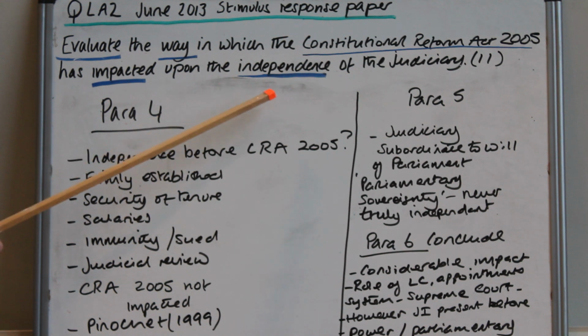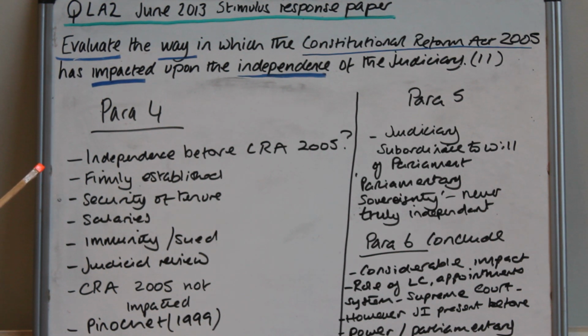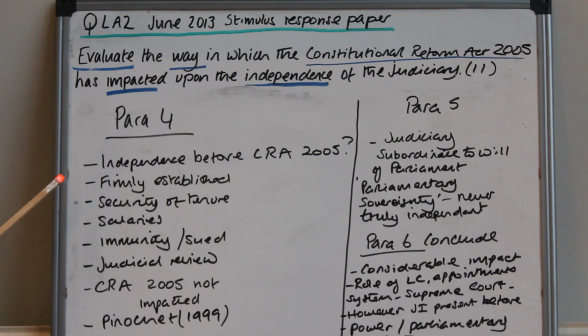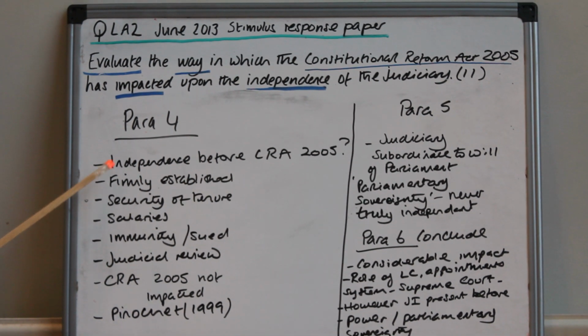It could be argued that the Constitutional Reform Act of 2005 didn't really have that much of an impact on judicial independence, apart from the role of the Lord Chancellor and the creation of the Supreme Court. Because indeed, independence of the judiciary did exist before the Constitutional Reform Act. It was firmly established by such things as security of tenure.